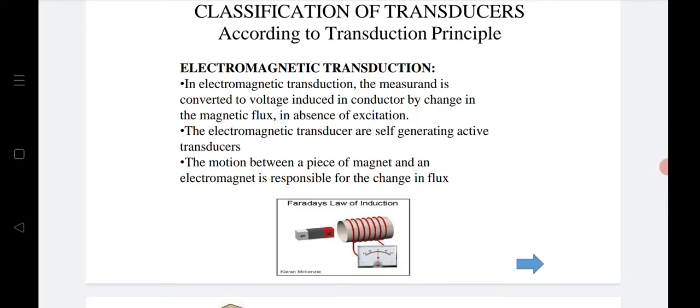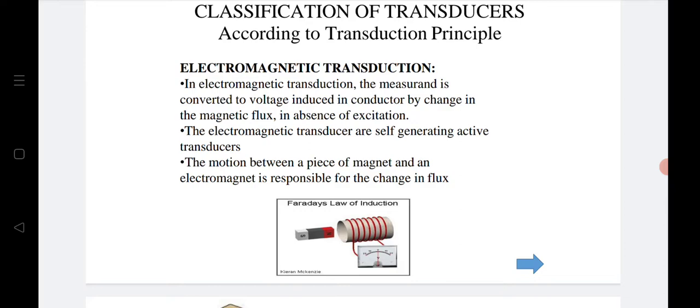These electromagnetic transducers are self-generating active transducers.